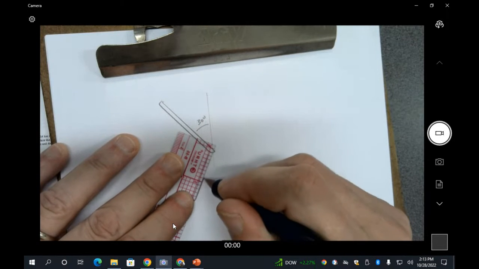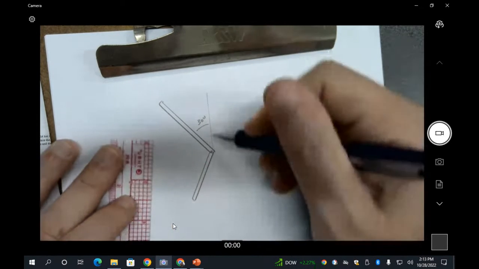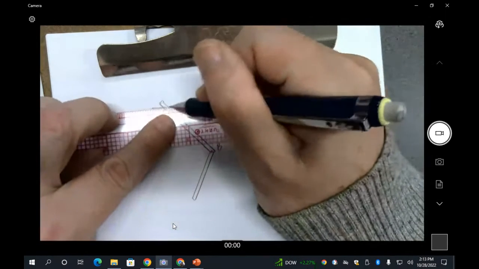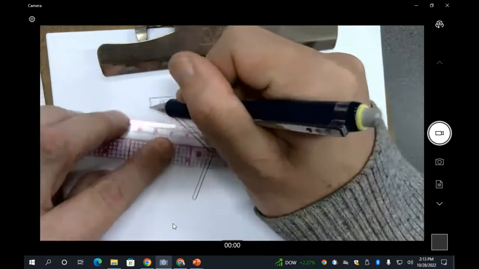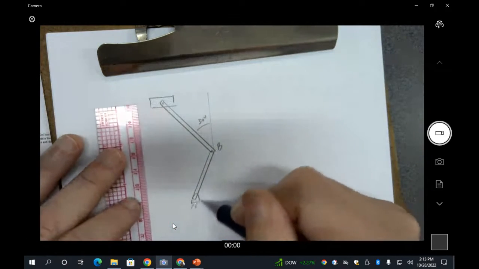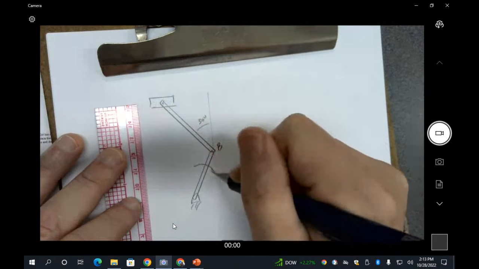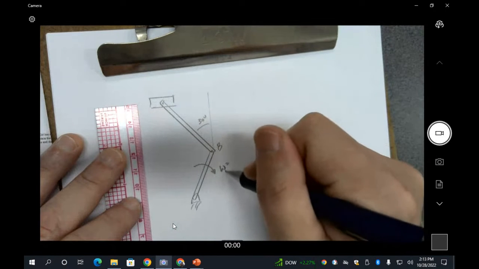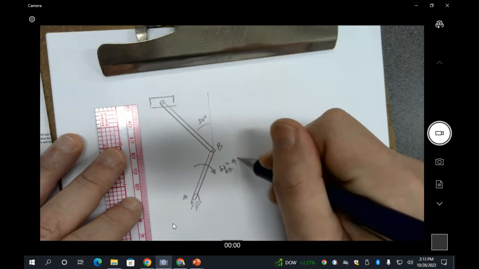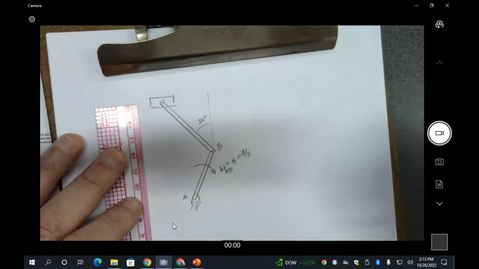But let me see if I can. I think I'm going to exaggerate just a little bit right there. And so that was B, and then we're going to have this guy right there. And so here the motion is coming down at omega AB, that's A, is 4 radians per second.